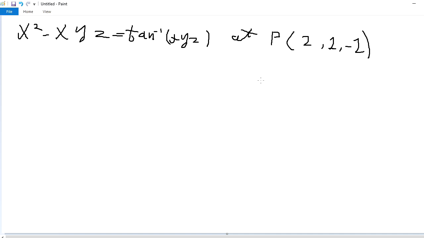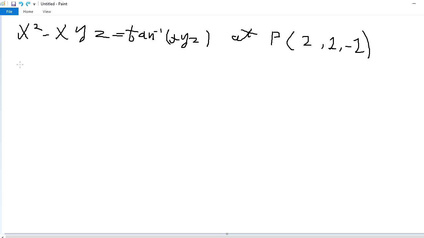Okay, so we need to solve it the same way we solved the previous two examples, and let's start. The first step you need to do is make this equation equal to 0.